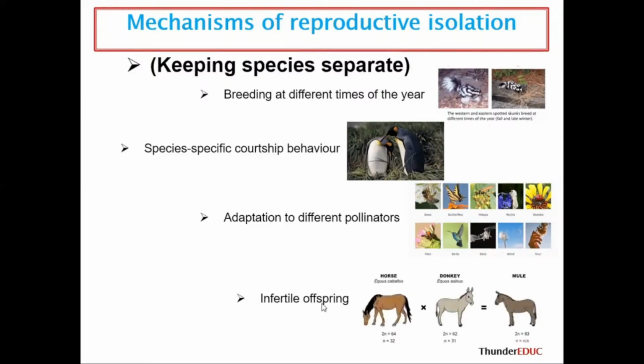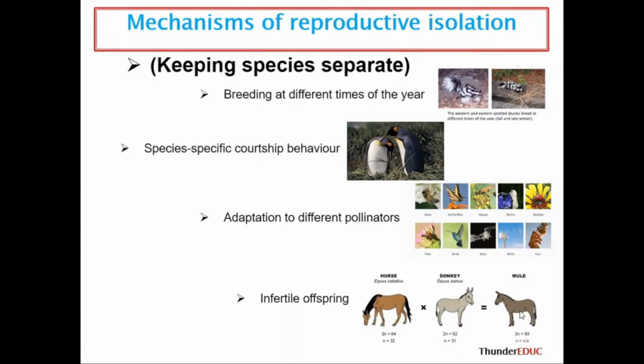Then you can have sex, you can produce a baby, but you end up producing an infertile offspring. For example, a horse has 64 chromosomes, so when meiosis takes place, it is 32, and a donkey has 62, which is 31 when it divides. Then 32 plus 31 produces 63.